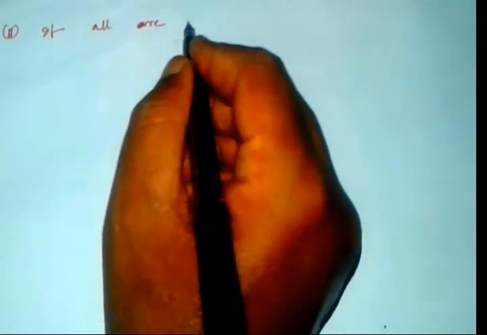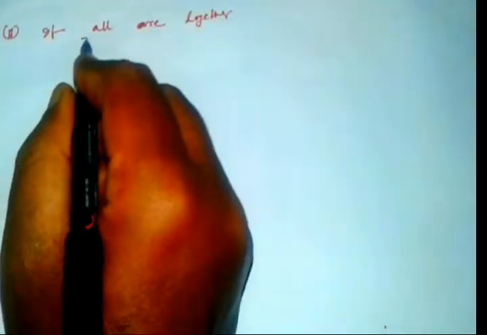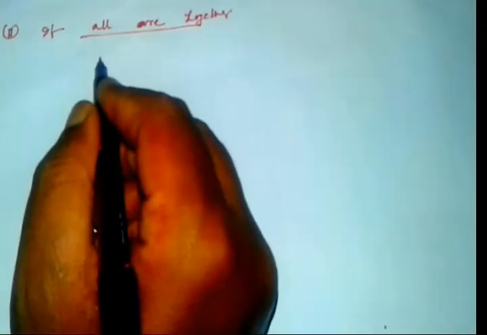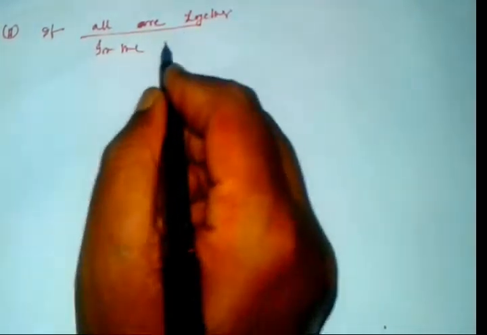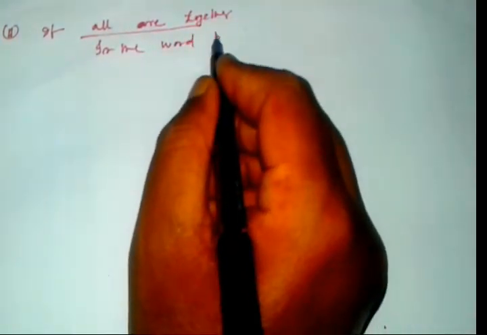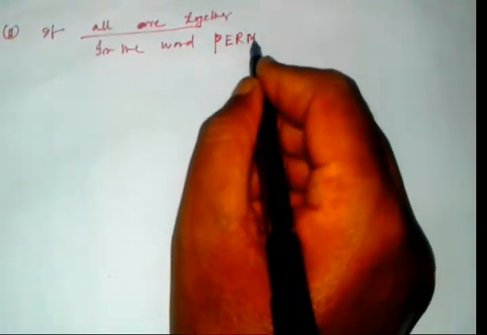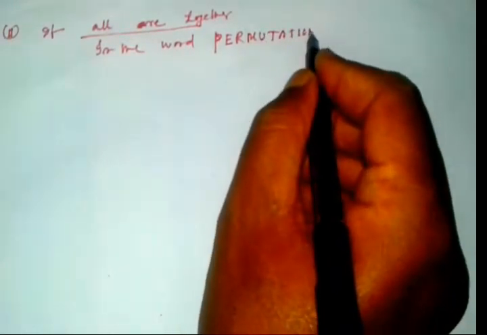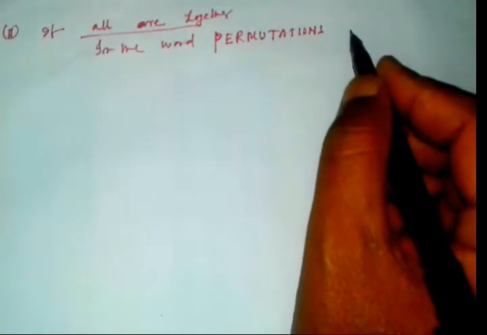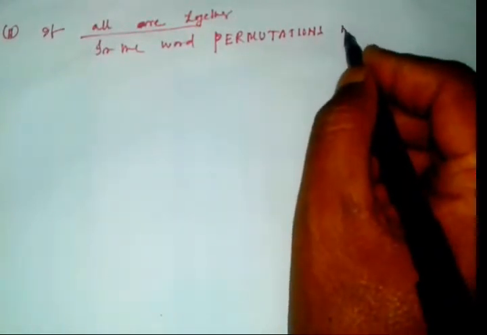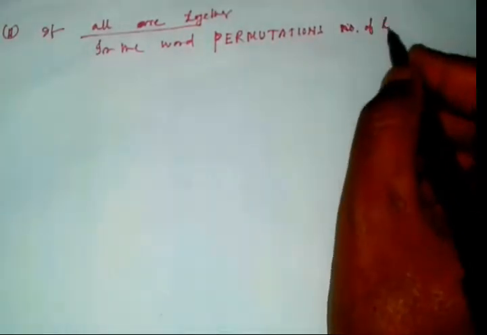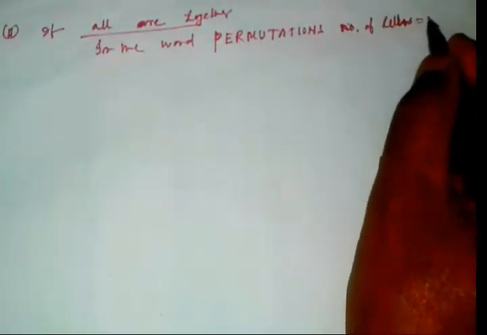If all vowels are together, remember, in the word PERMUTATIONS, the number of letters is equal to 12.